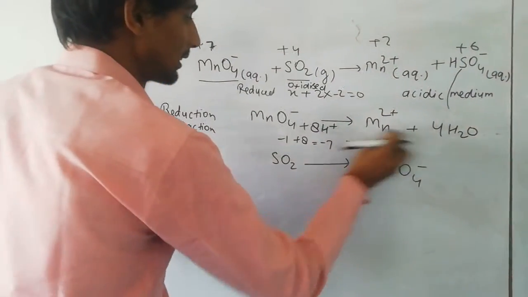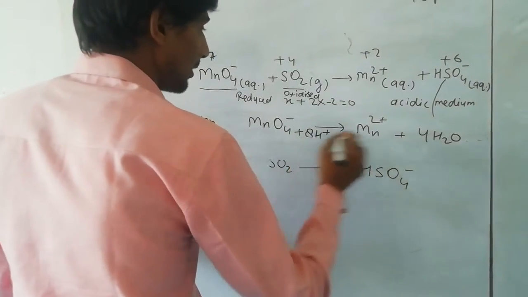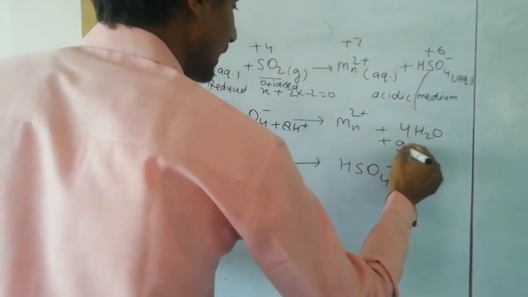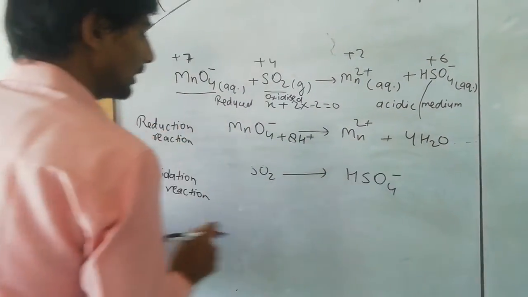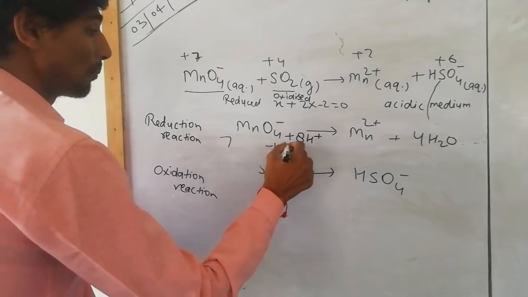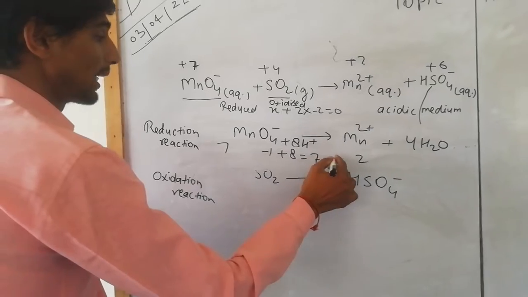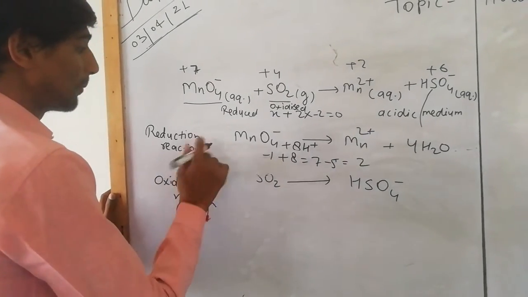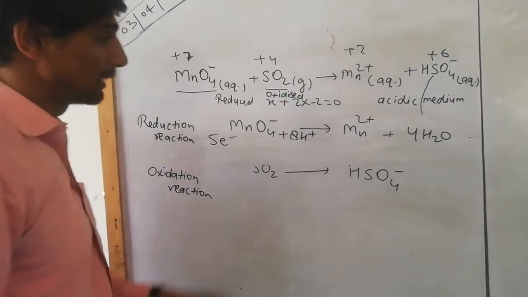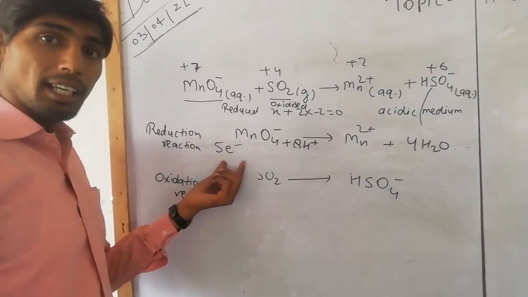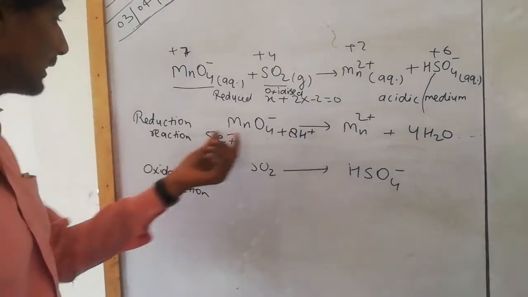Here plus 7 minus 5 equals plus 2. We need to balance charge, so we add 5 electrons on the left-hand side because this is a reduction reaction.